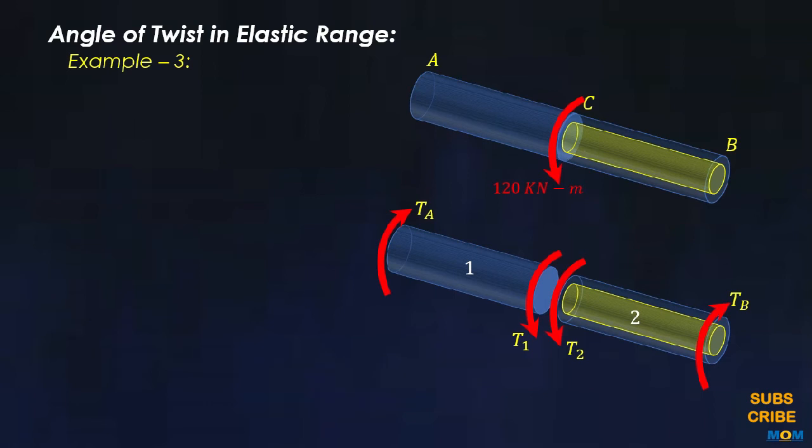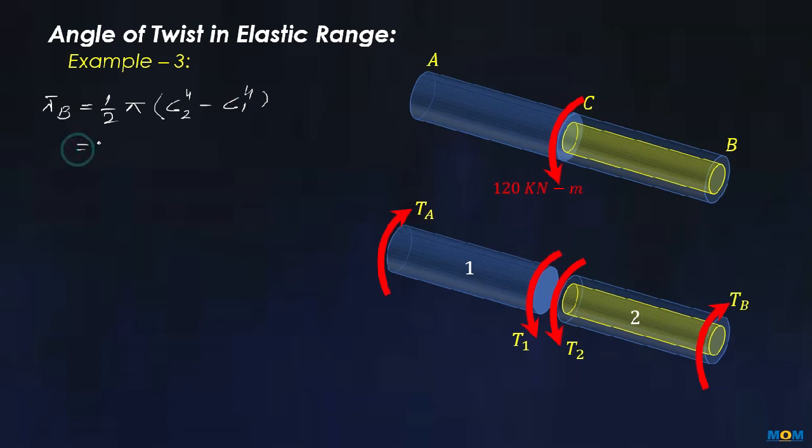Now to calculate the polar moment of inertia for the hollow shaft, that is going to be half pi into outer radius raised power 4 minus inner radius raised power 4.